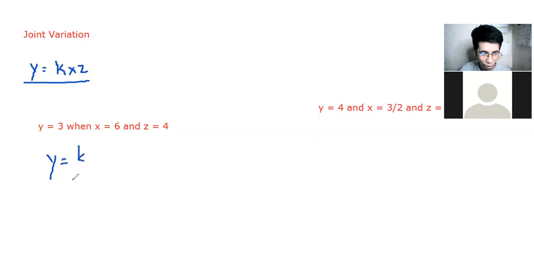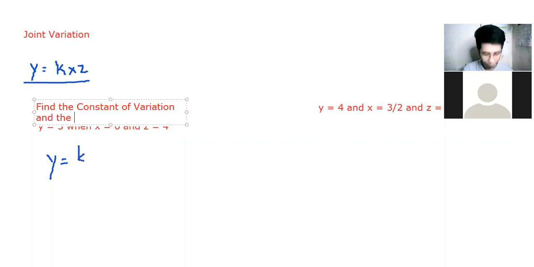So, ano nga ba kinocompute natin dito? Nakalagay, find the constant of variation and the equation of the variation. So, constant of variation, ibig sabihin, yung value ng letter K. Yun yung hanapin natin.